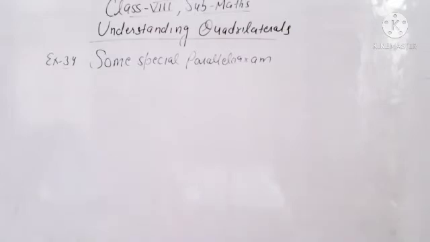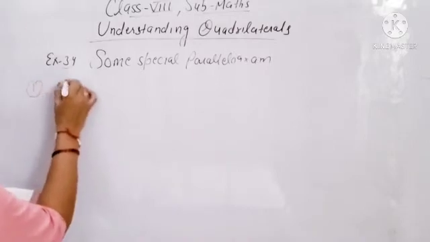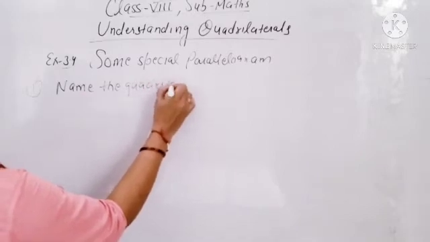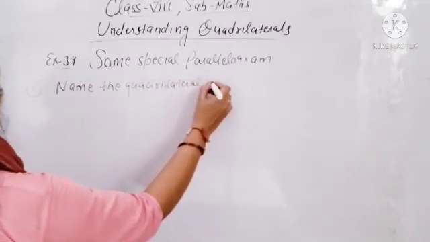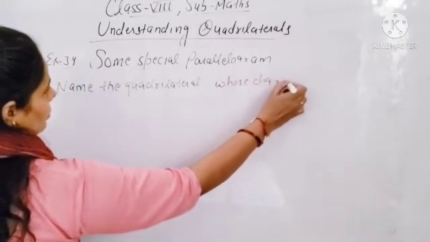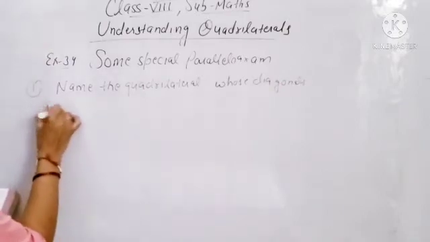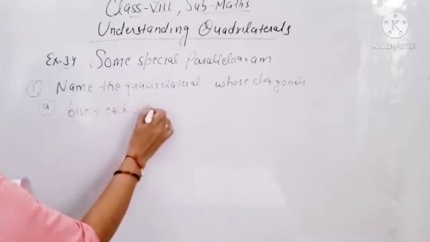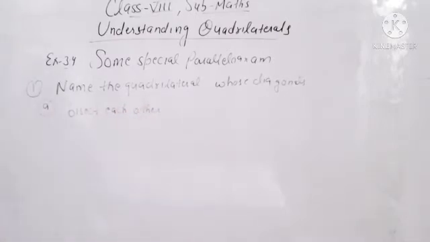Question number 4. Name the quadrilateral whose diagonals bisect each other. Name the quadrilateral. First one: whose diagonals bisect each other.